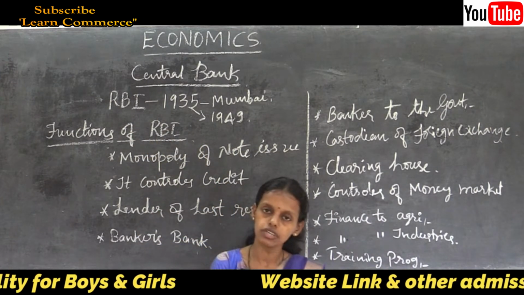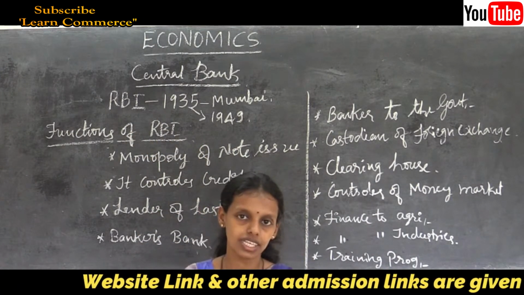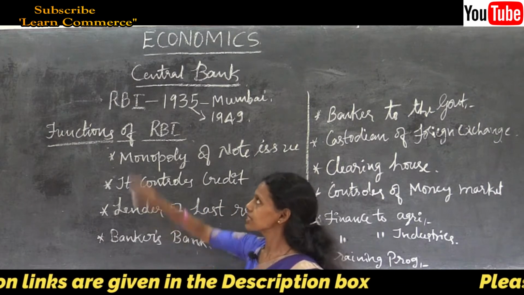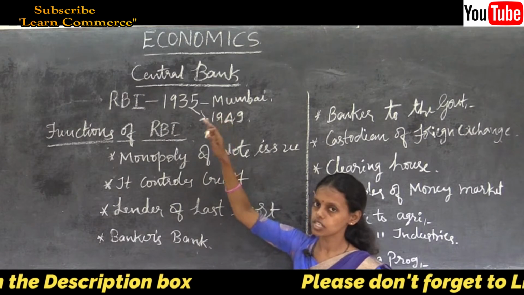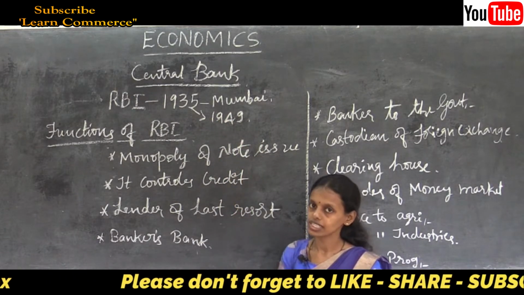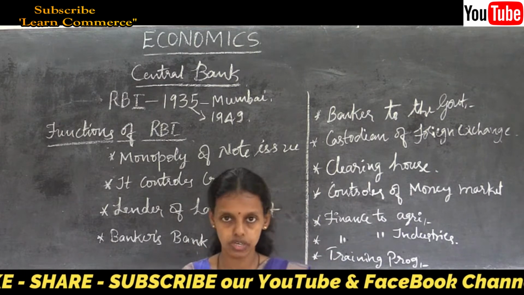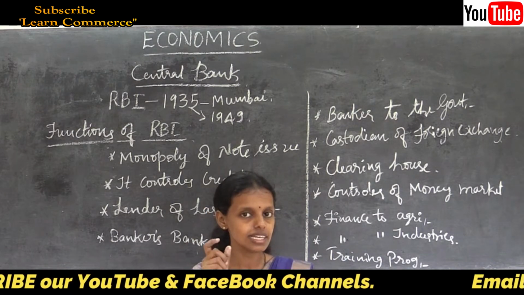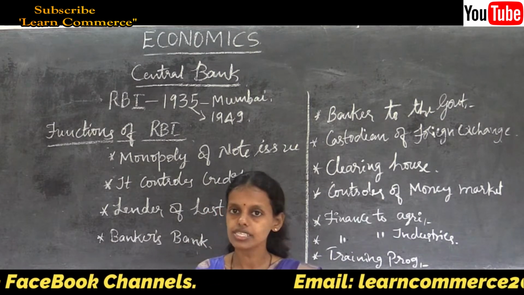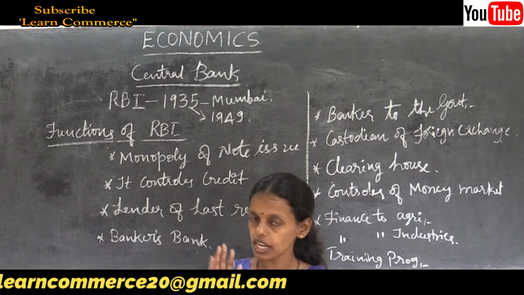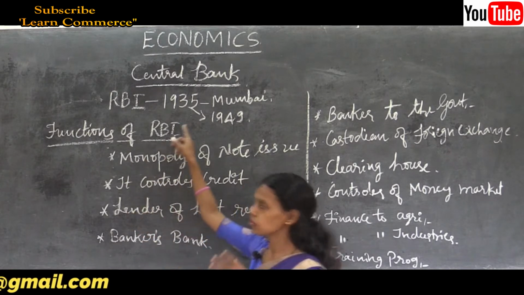The present Governor of RBI is Shaktikant Das, as you studied last year. In every printed note you can see the signature of the governor, because money is legal tender. Money is also a law, the mirror of law.